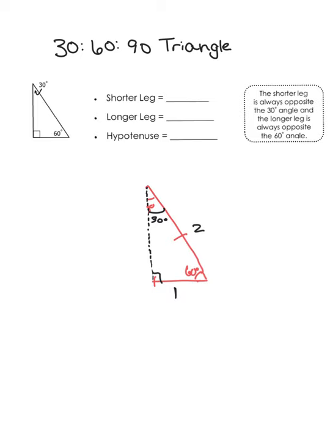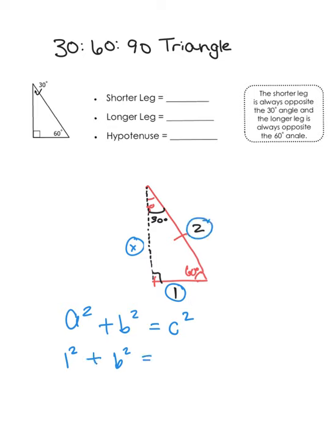Well, this is a right triangle, so I'm going to use the Pythagorean theorem. If you remember, the Pythagorean theorem is a squared plus b squared equals c squared. So a, we're going to say is 1, so 1 squared. I don't know this side, so we'll say b squared is equal to, and my hypotenuse is 2 squared. So 1 squared is 1, plus b squared is equal to 4.